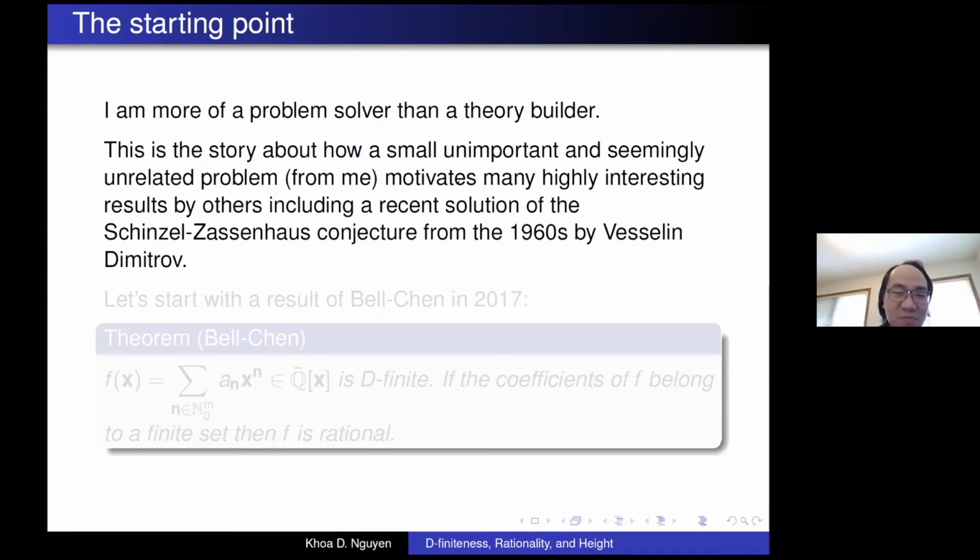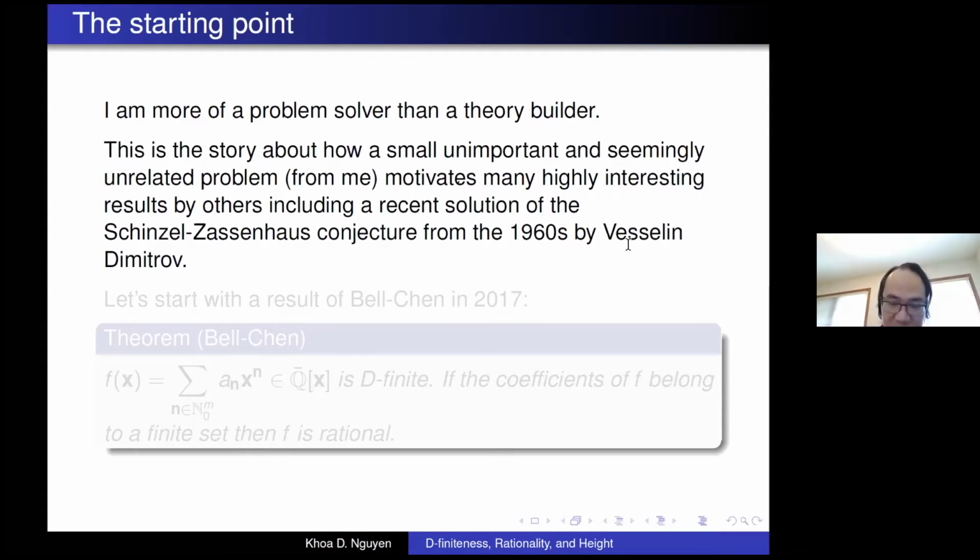This includes a recent solution of the Schinzel-Zassenhaus conjecture from the 1960s by Veselin Dimitrov, which somehow motivates this one. It's quite amazing. But let's start with a result of Jason Bell and Xiaoxi Chen in 2017.